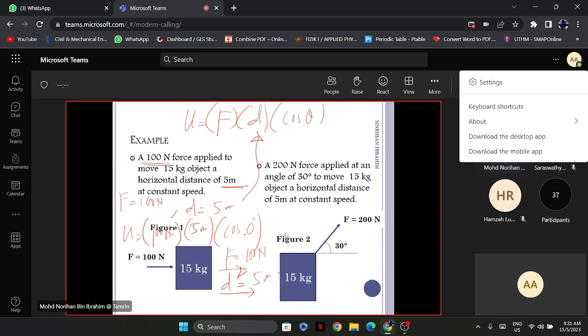So if you look at these questions, when you solve this one, we can get U is equal to 100 kalikan dengan 5 kalikan dengan cos 0 degree.